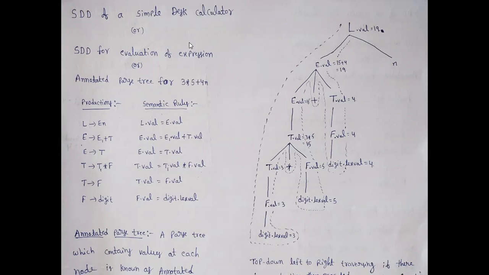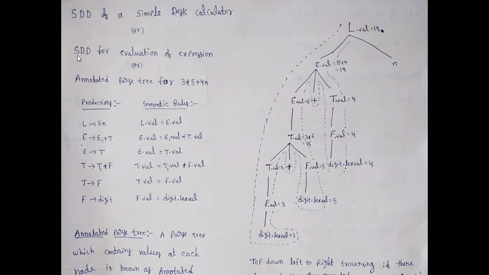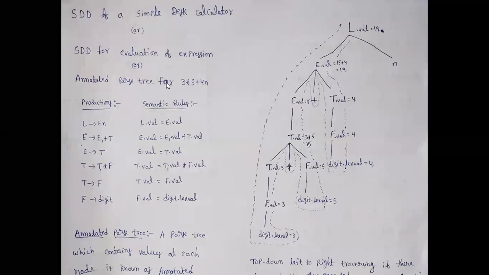These are the three situations in which questions are asked. We write the SDD, syntax directed definition, of a simple desk calculator, or the syntax directed definition for evaluation of an expression, or we construct an annotated parse tree for a given expression. If an expression is given and we are asked to construct the annotated parse tree, whichever of these three is asked, we can do it this way.